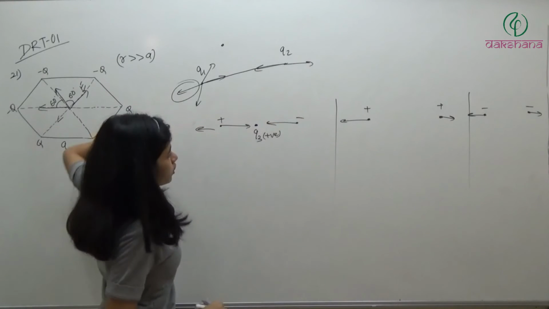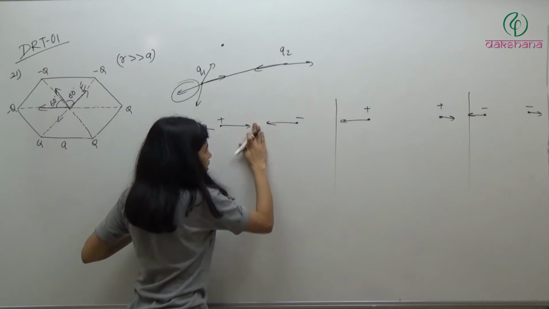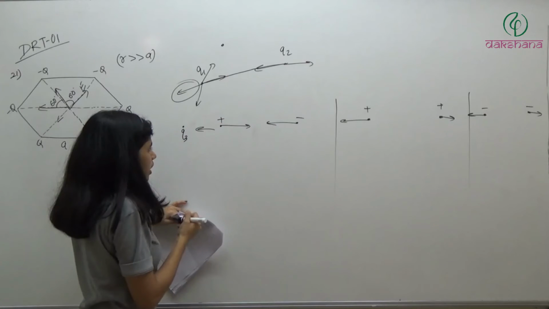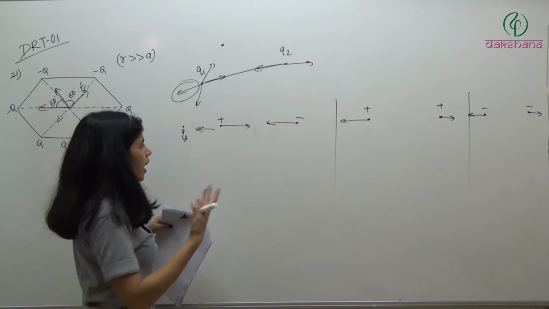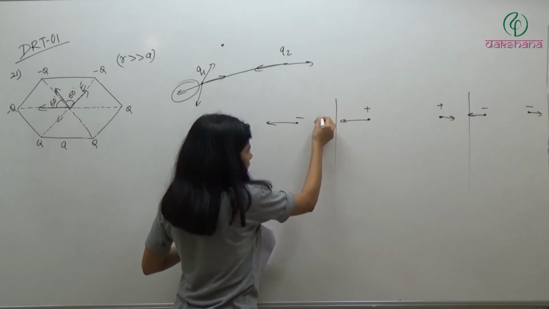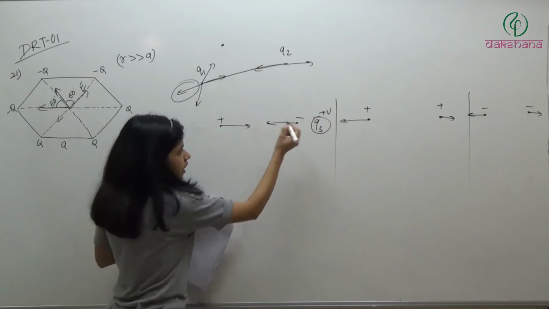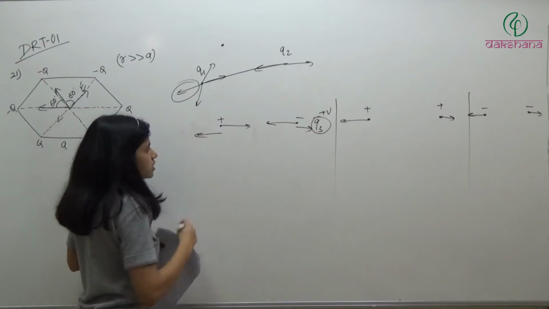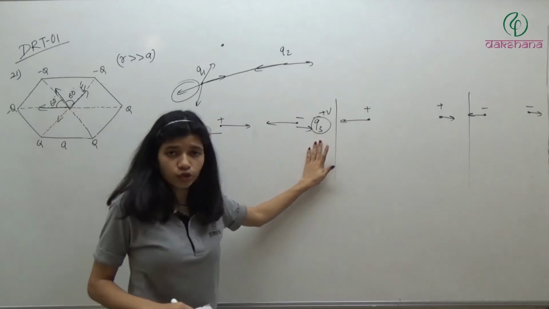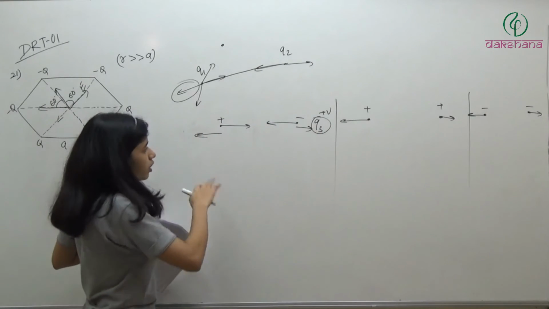So the resultant on this will increase. So we cannot keep it here. Definitely we cannot keep it here. If Q3 is positive and I kept it here, it will repel this and this cannot come into equilibrium. So this Q3, if this is positive, it should be kept here. If this is positive, then it will attract this and it will repel this. It can cancel this one, depending on the magnitude of Q3. Okay? So this is possible.